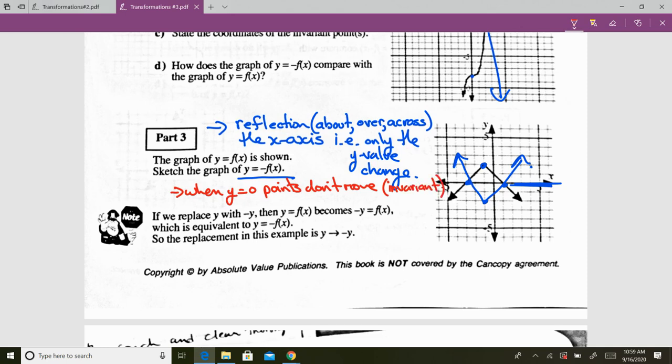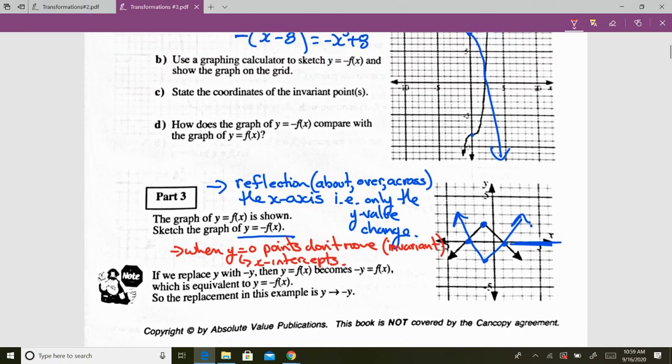They don't change. All right, and these are the x-intercepts. The x-intercepts do not change. And if you look at the graph up here, and I didn't draw it, great. X-intercept right there does not change. It is invariant.